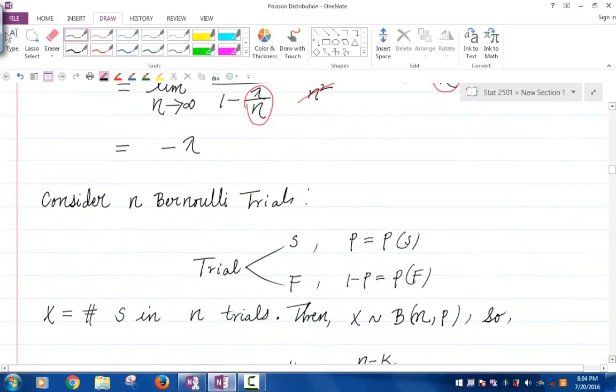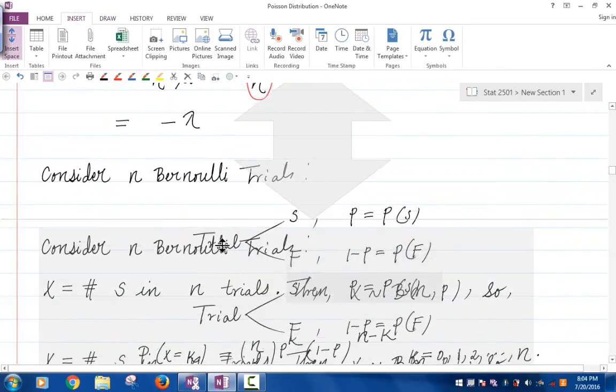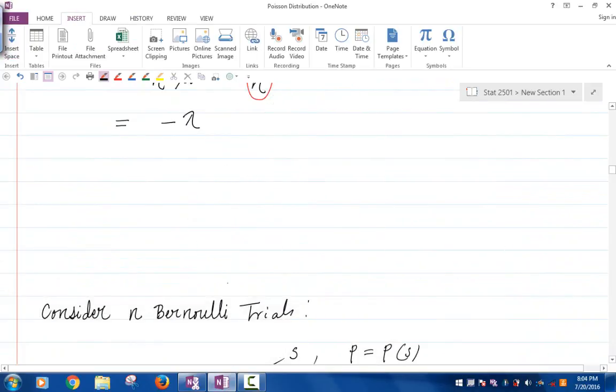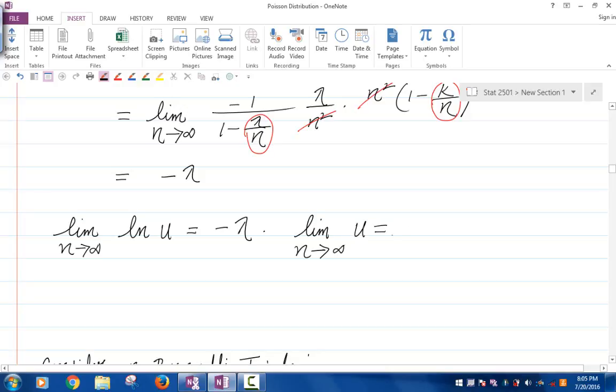Okay, so what we got so far is that the limit as n goes to infinity of ln of u is negative lambda. But remember, we need to find the limit as n goes to infinity of u, which is the limit of e to the ln of u.